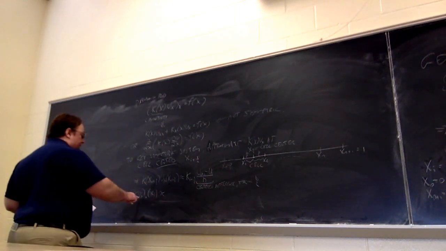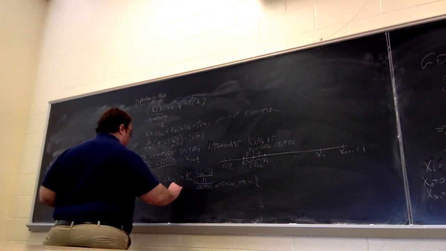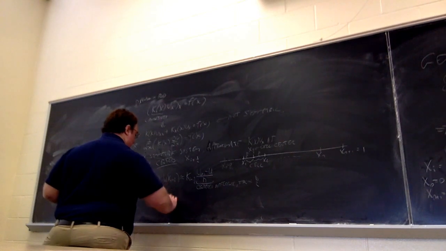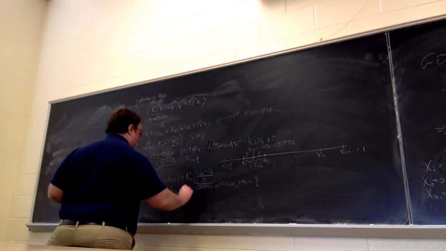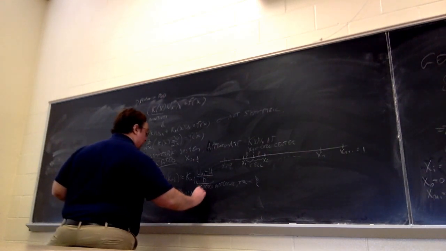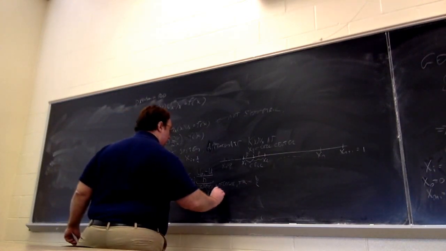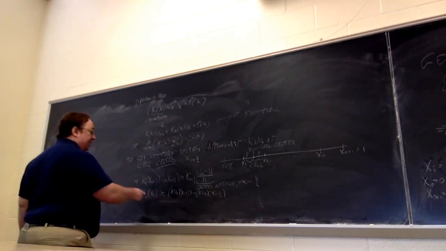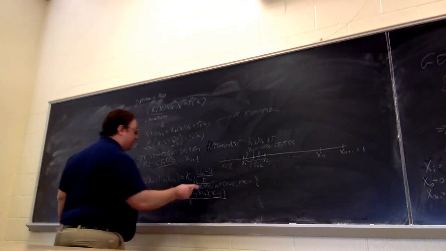I have the whole expression inside evaluated at x_i plus a half, minus the same expression evaluated at x_i minus a half, so points on either side of x_i, over twice the spacing between those points.